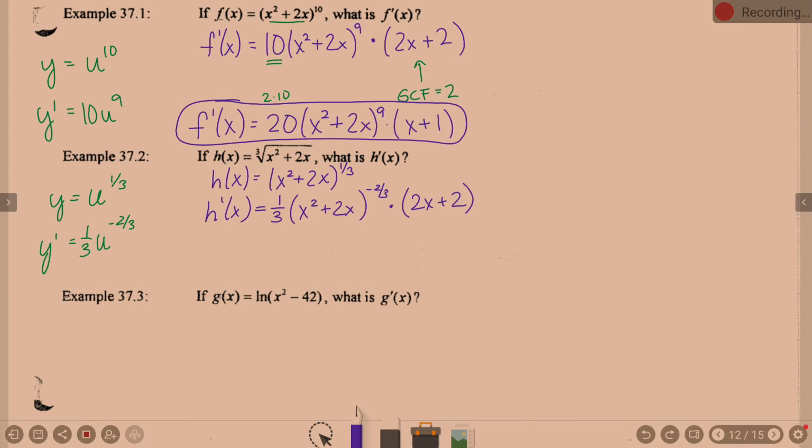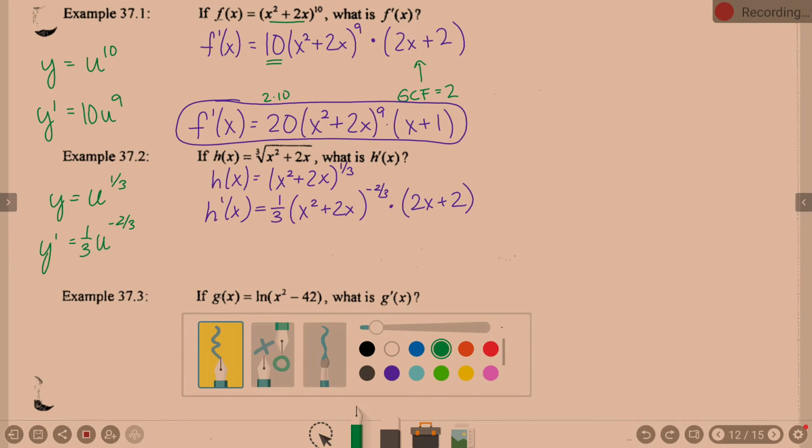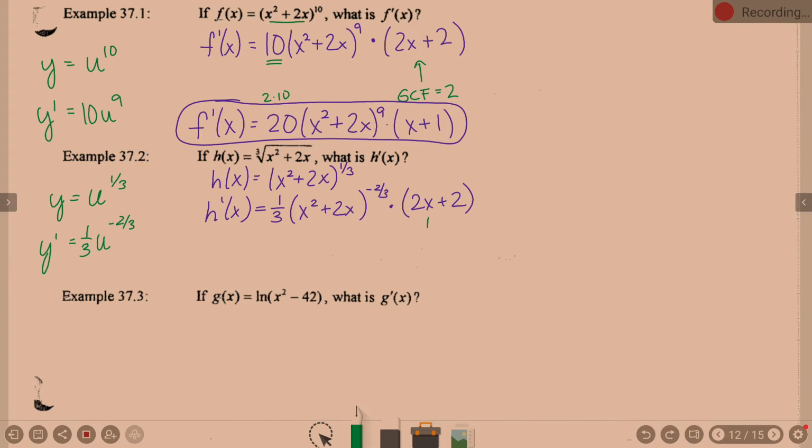If you want, like the last one, there's a GCF of 2 there, isn't there? So with there being a GCF of 2, you could take that 2 out front and multiply it by the 1/3, right?